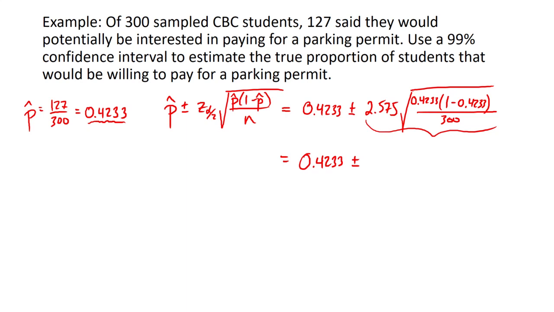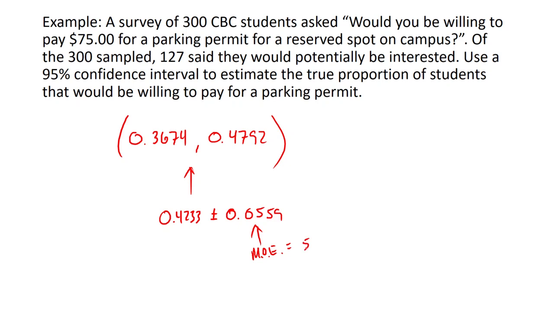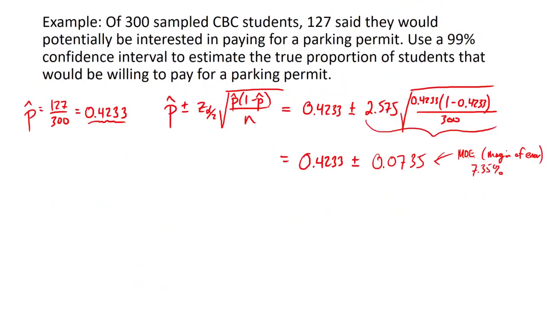Yeah, that sounds reasonable. Okay. So this is our margin of error. Our margin of error here is like 7.35%, whereas with 95% confidence, it was 5.59%. What happened to our margin of error?